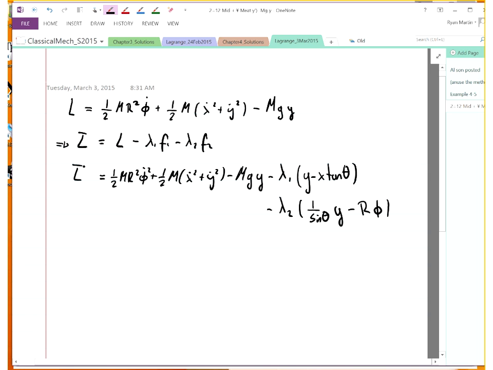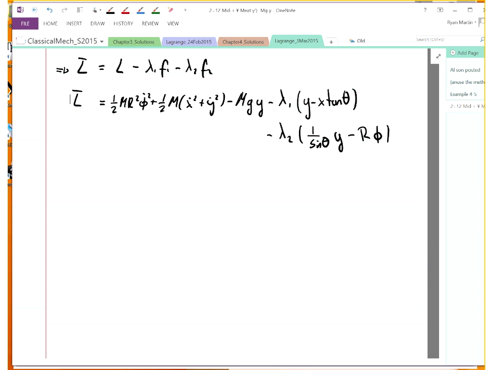There's no more lowercase r, so I'm just going to call it R. So that's our modified Lagrangian.